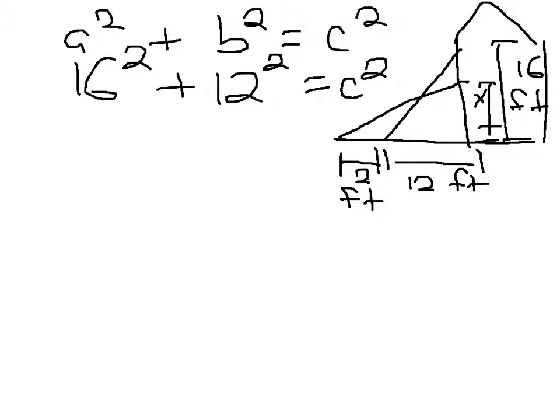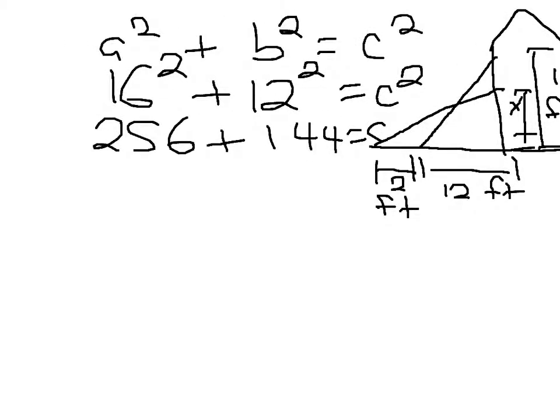When you solve that, 16 squared equals 256 plus 12 squared, which is 144, equals c squared.